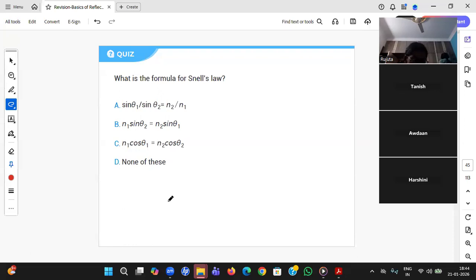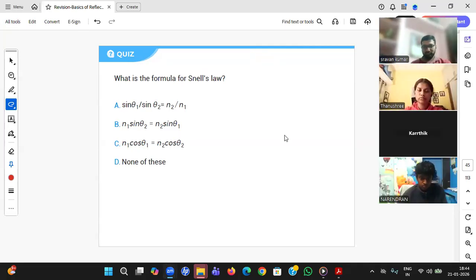Tanish, right answer. Thank you, Avdan. Right answer. Tanushri, very good student. Rujuta, super. Narendran, very good.